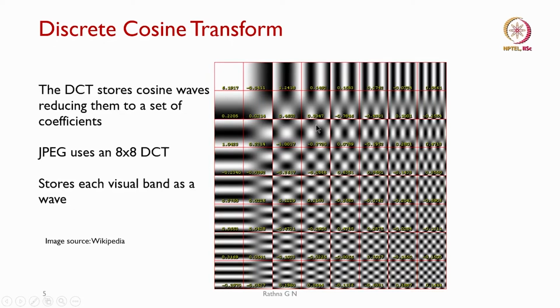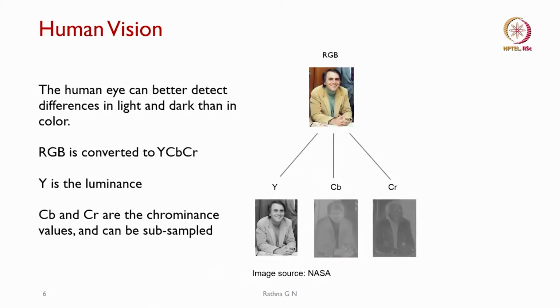So we will have 8 by 8 basis functions to find out what we will call the coefficients. The visual band is shown as a wave here. This is from the Wikipedia source, where you can go for a more detailed look.